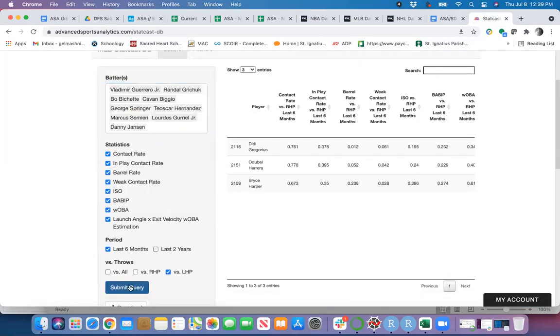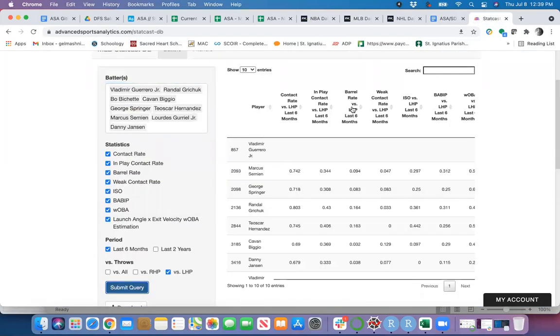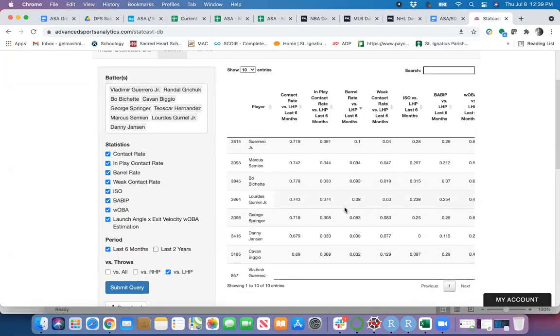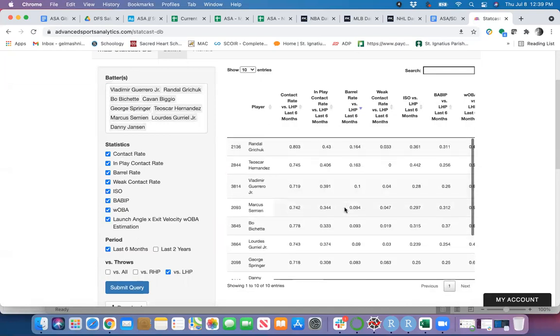And let's see how they've done against left-handed pitchers. Again, barrel rate's one of my favorite ones. That's finding the right combination of exit velocity and launch angle. We do see that we have outstanding barrel rates for Grichuk and Teoscar Hernandez. So those could be cheap, low-owned bats, great ISOs over there as well.